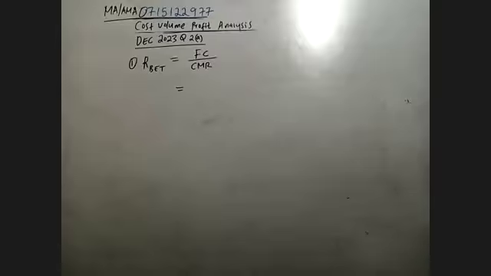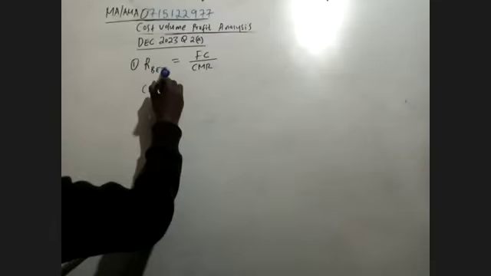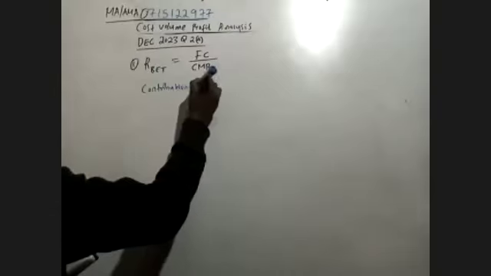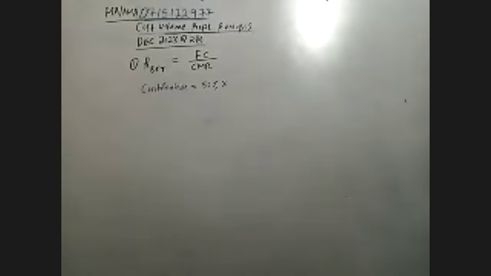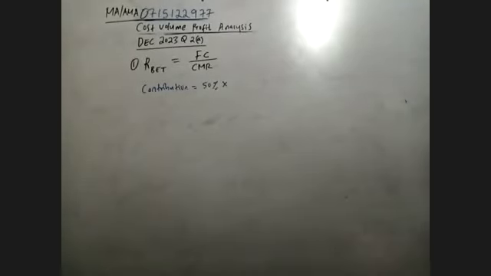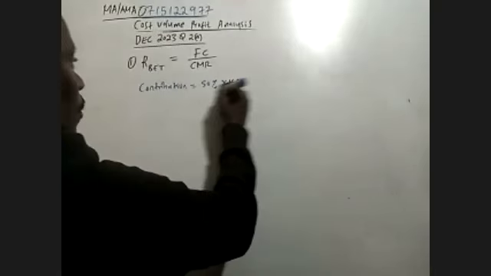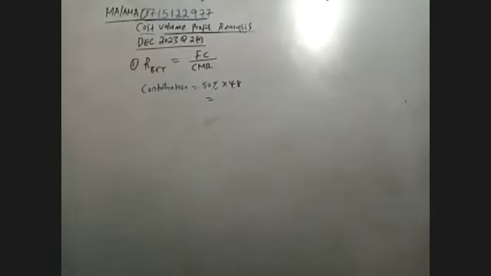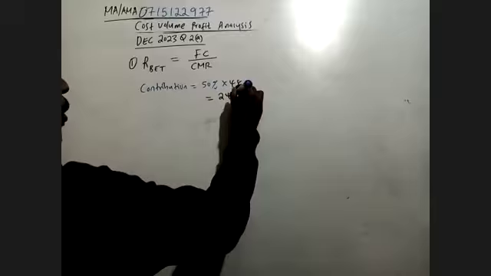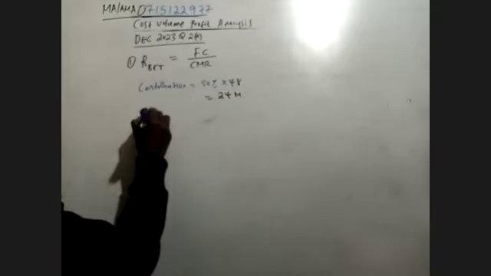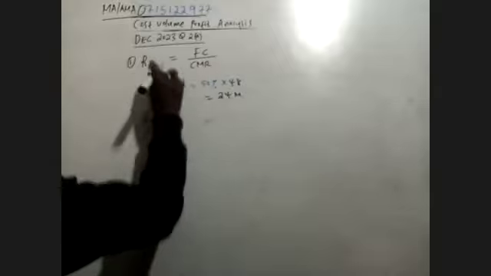That means contribution is 50% of the total cost. So how much is the total cost? Total cost is 48. So contribution is 50% of 48. So 0.5 times 48, which means 24 million. Now, remember you're interested in BEP.